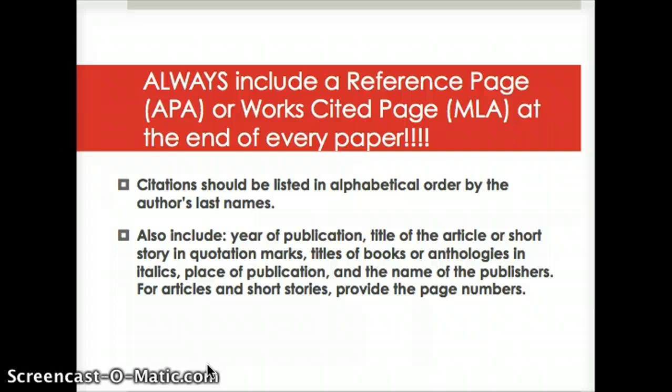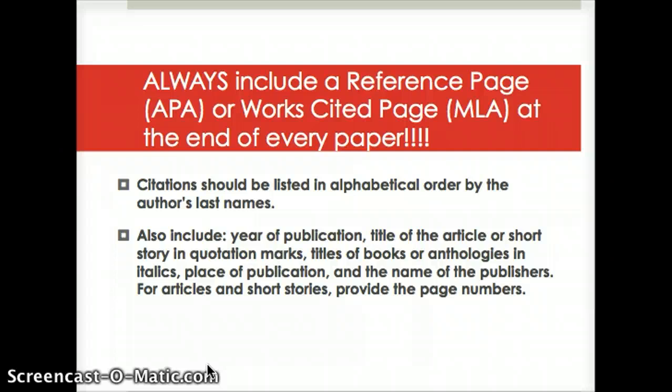But regardless of any piece of writing that you're going to hand in, you should always have a works cited or reference page at the end of your paper, and this is going to be the list of all the sources that you use to write your paper. And any quotation that you use should be reflected in the sources on your works cited page.